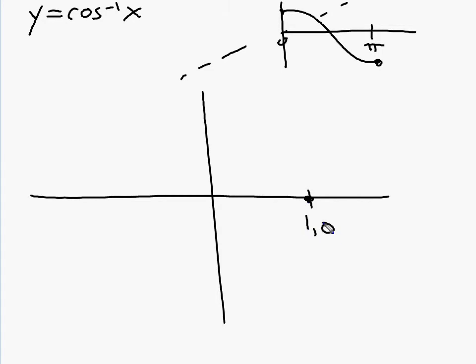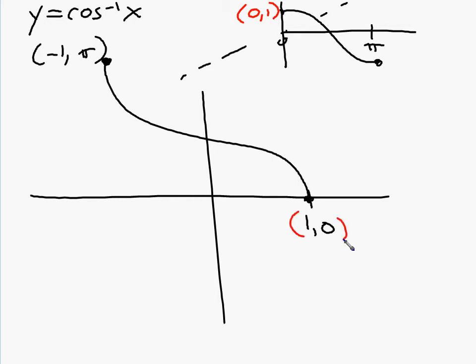And it's going to kind of do a deal like this, and then the coordinates of this point will be negative 1, pi. Now, that one's a little bit harder to see, but it does work if you think about the fact that in my original, this point was 0, 1, and now it's 1, 0. Okay? Because it got reflected. And this original point was pi, negative 1, and now it's negative 1, pi. All right, so it does make sense if we remember that for an inverse we switch the x and y.